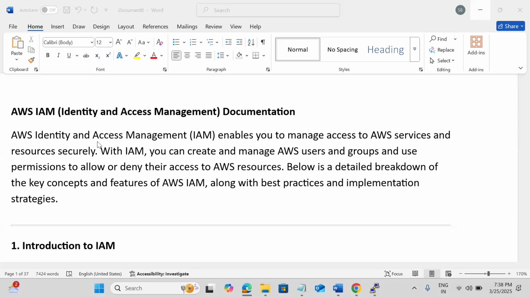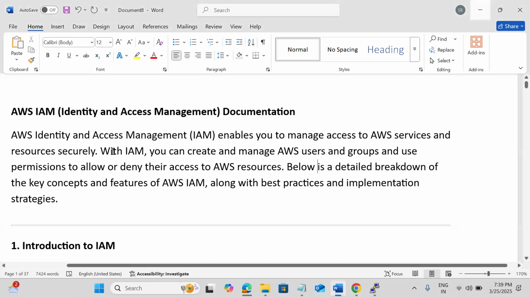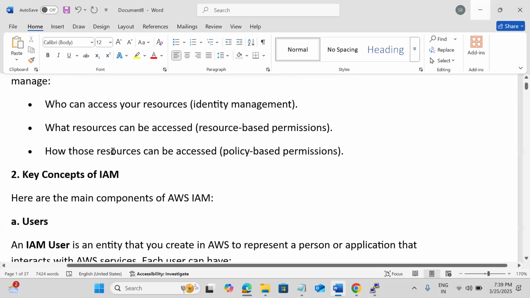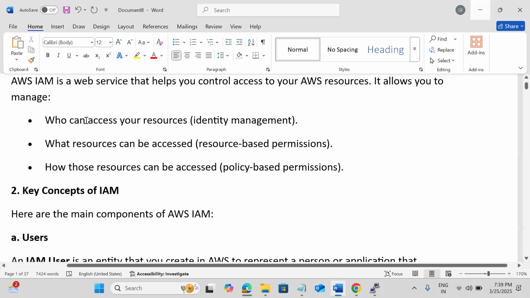What are the things we can create? Here, mostly we have four components: users, groups, policies, and roles. So mostly we need to understand all these four. Coming to IAM, here we can define who can access our resources.